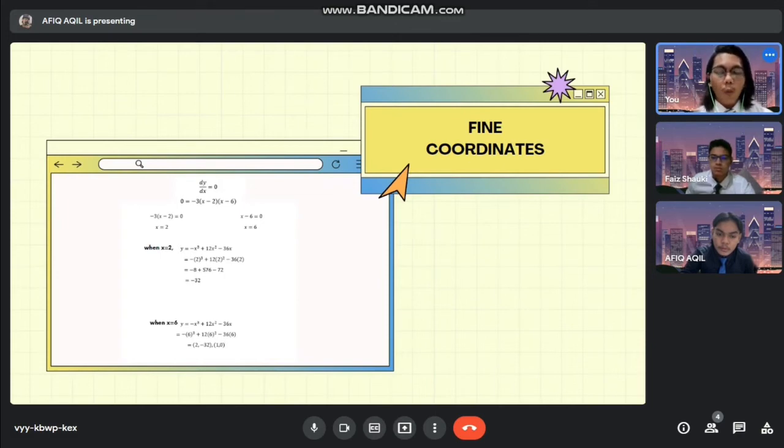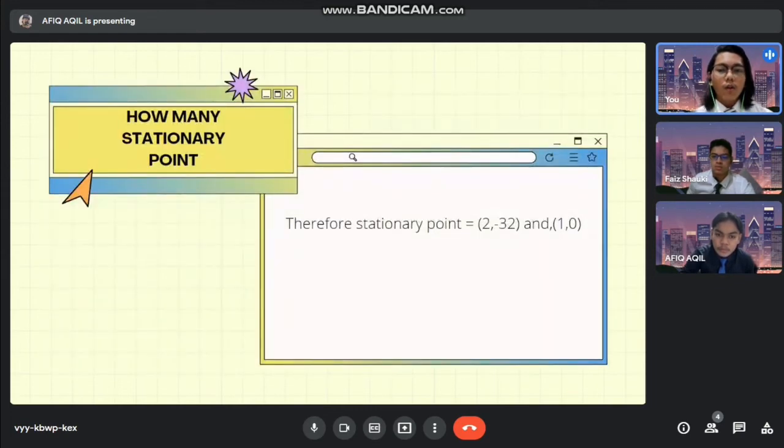When x equals 6, y equals negative 6 power of 3 plus 12 multiplied by 6 power of 2 minus 36 multiplied by 6, and we get y equals 0. So the stationary points are (2, negative 32) and (6, 0). For question C, they ask for the stationary points.